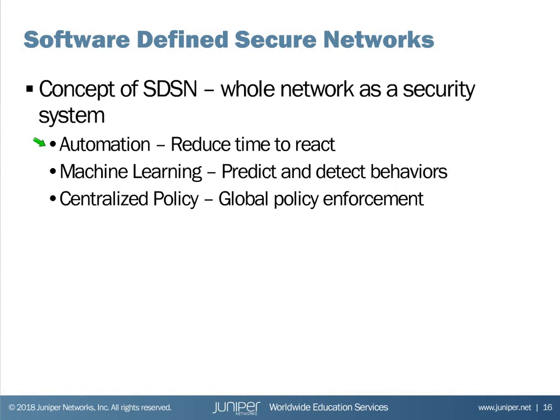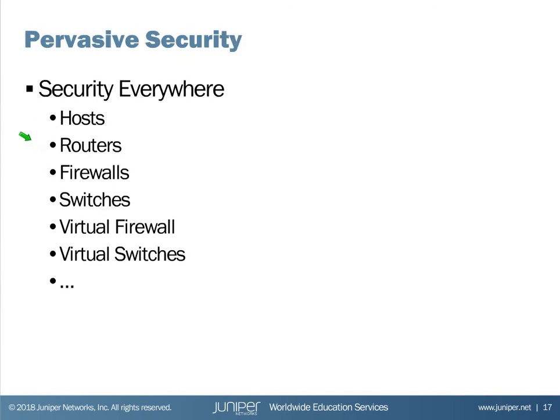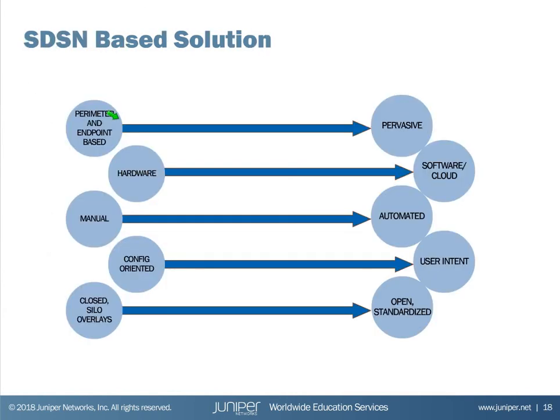I can deploy security everywhere, not just at the firewall at the edge of my network, because I'm still going to be blind to certain types of threats, but to every networking component in my network, right? So I can stop threats before they spread.